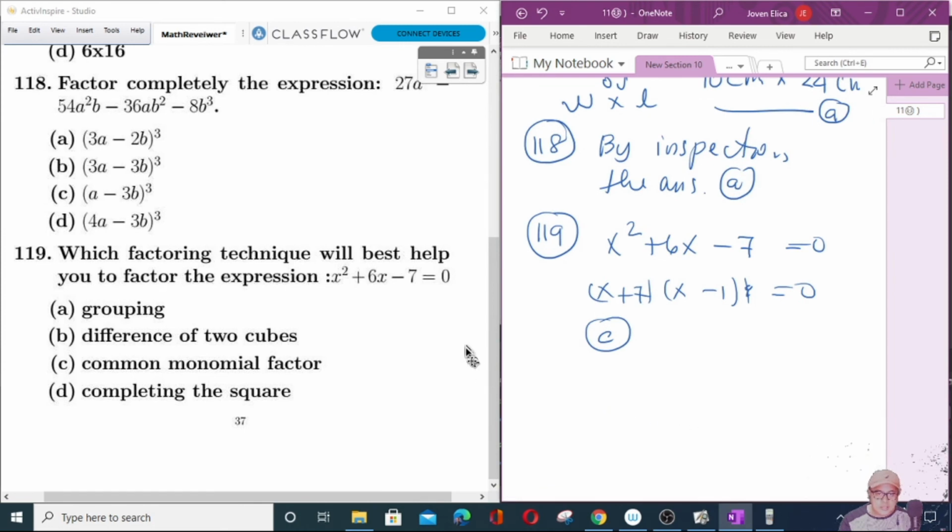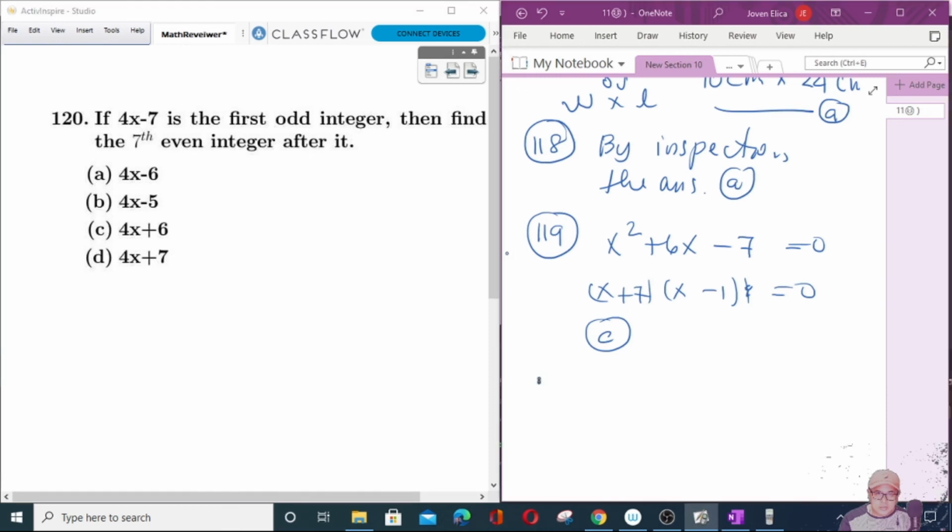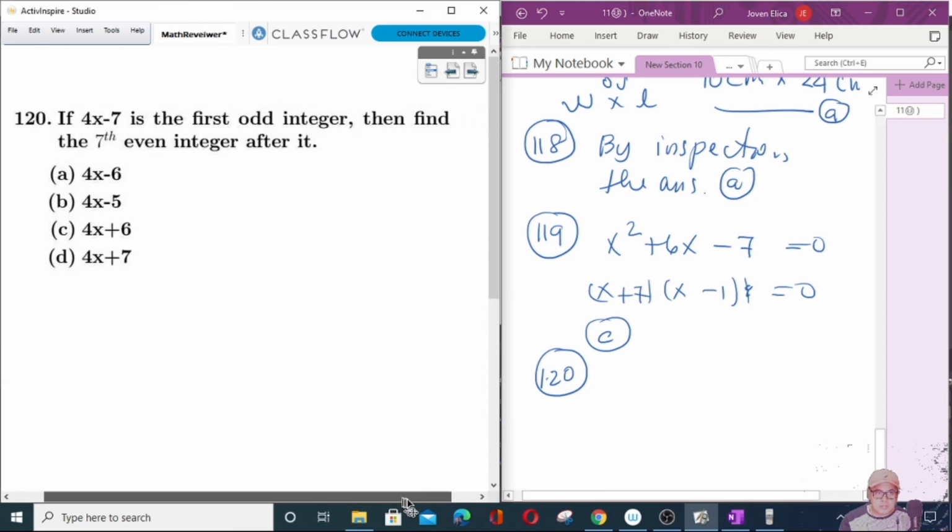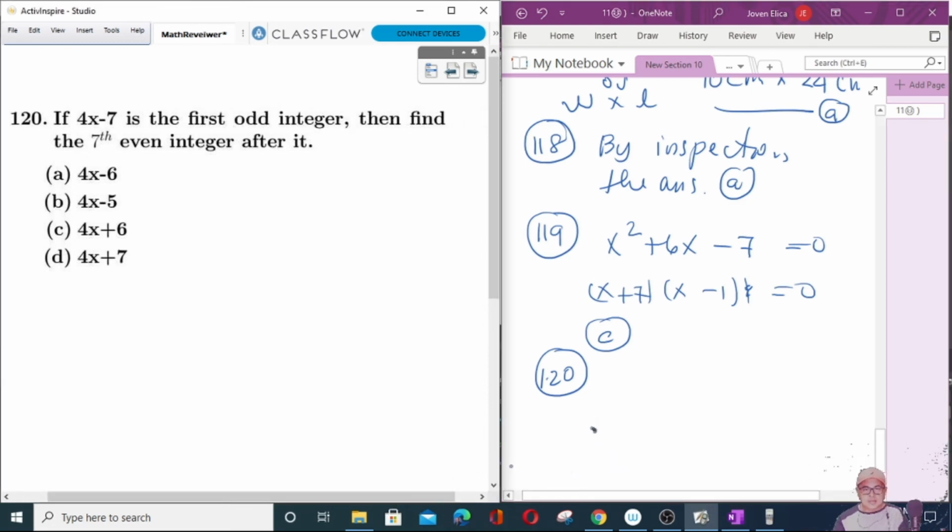And last but not the least, 120. We're done with this series, 120. Number 120 question is also very tricky. If 4x minus 7 is the first odd integer, then find the 7th even integer after it.